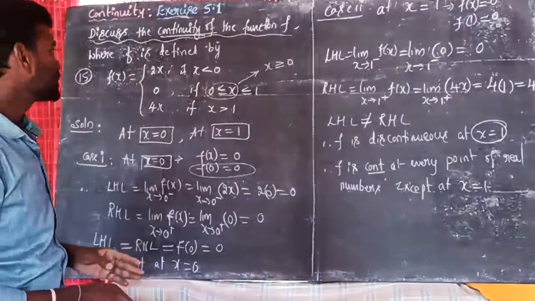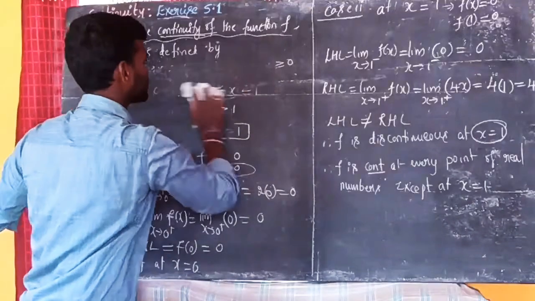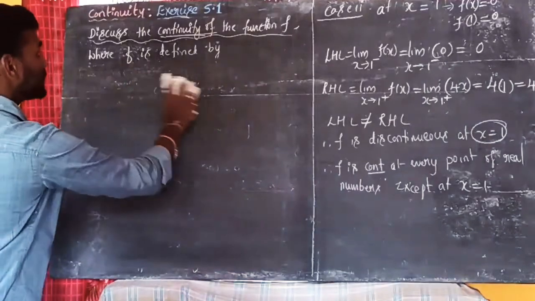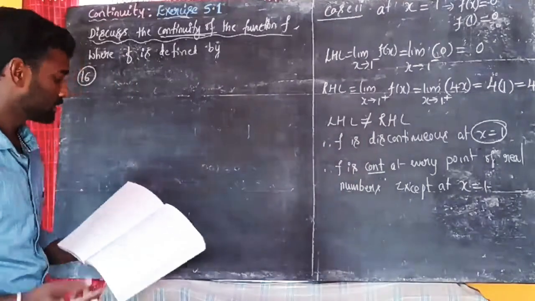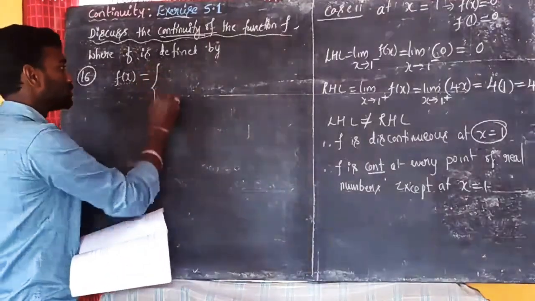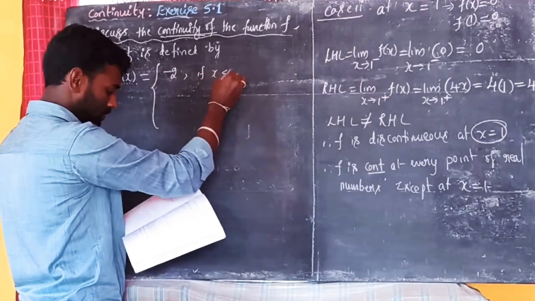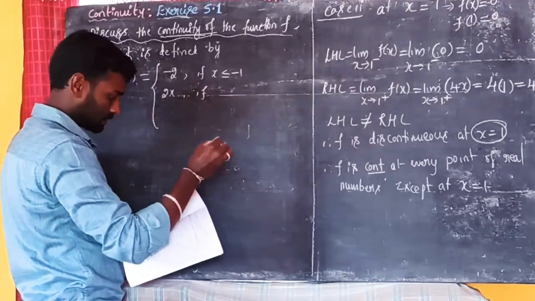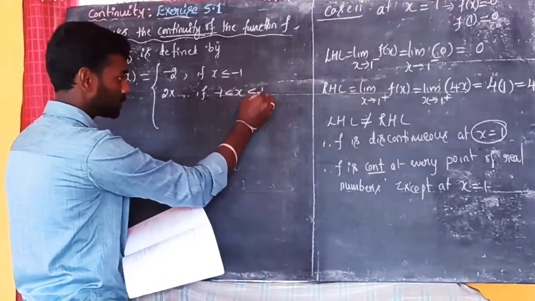Okay, like this you have to solve the problems, guys. Next question, 16th one, a similar question. Now try this question, guys. 16th, discuss the continuity of the function f given by f of x is equal to minus 2, if x is less than or equal to minus 1; 2x, if minus 1 is less than x less than or equal to plus 1.